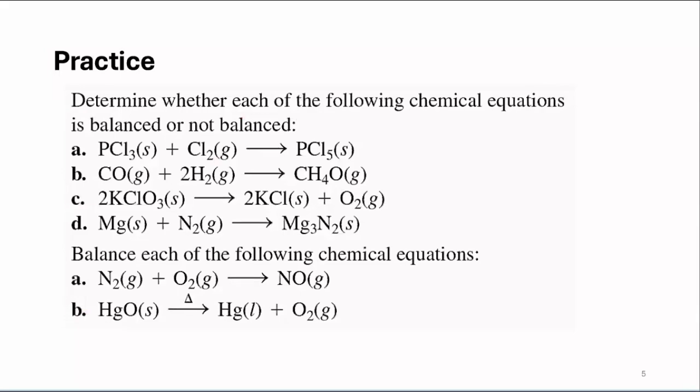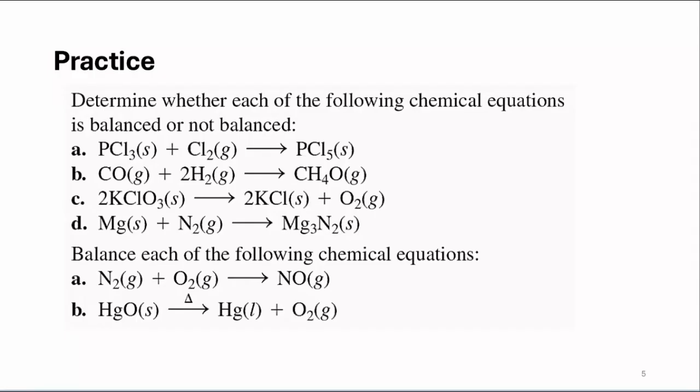In the following practice problems, first we are going to see if the equations given are balanced. You can do a table in order to understand the number of atoms that you have, or if you want to do the count, as I'm going to show you right now, that is also one way to see it.